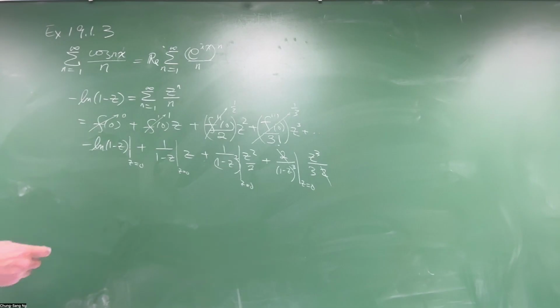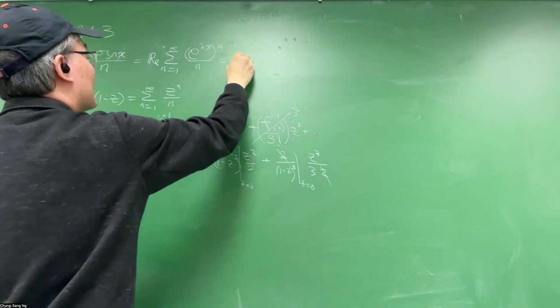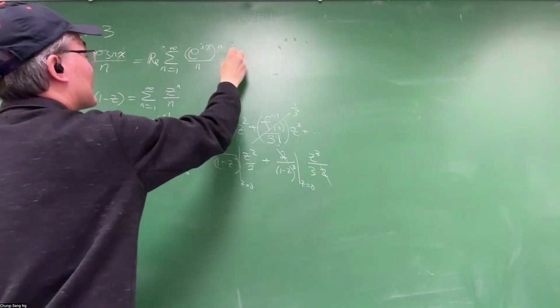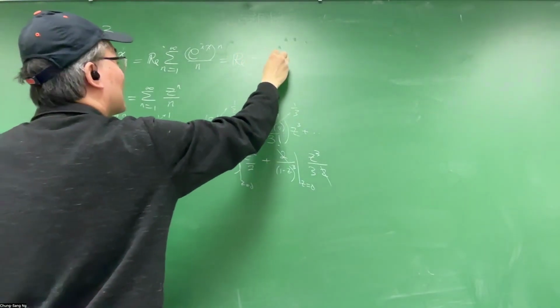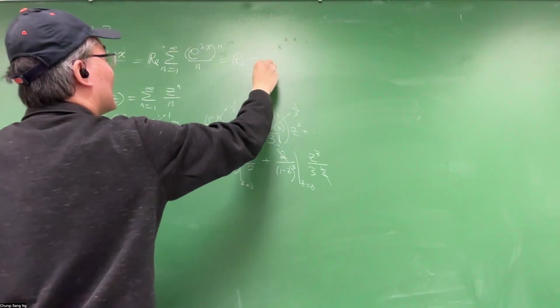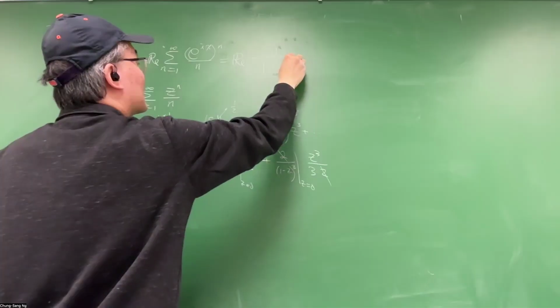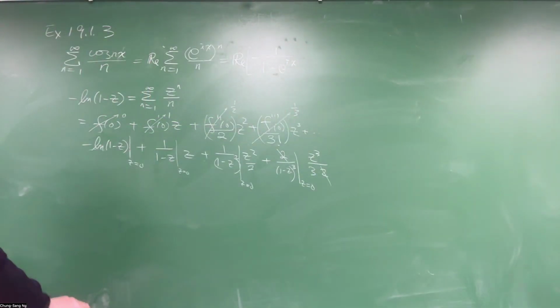Okay, but assuming that everything works out, this becomes the real part of using this function, minus, there's a minus sign. You can do it minus 1 over 1 minus z, it becomes e to, no, I forget the log.